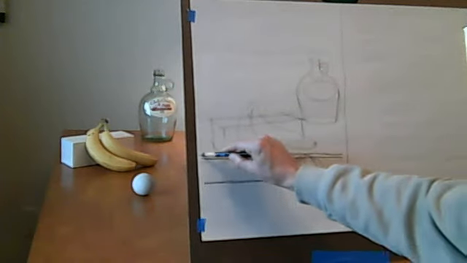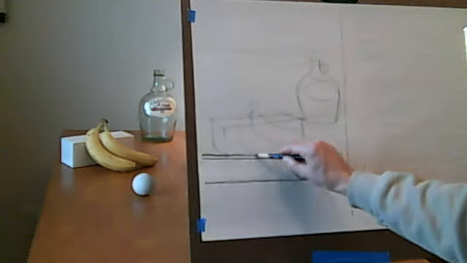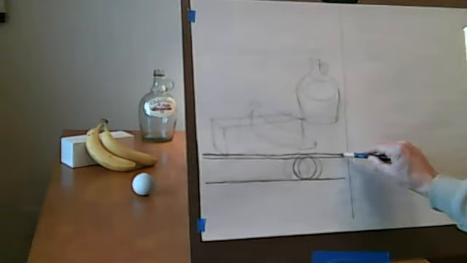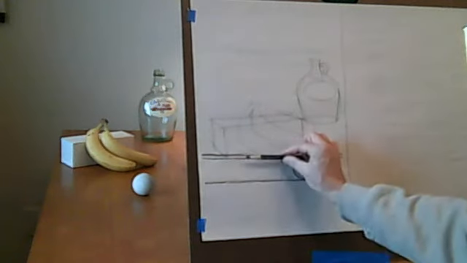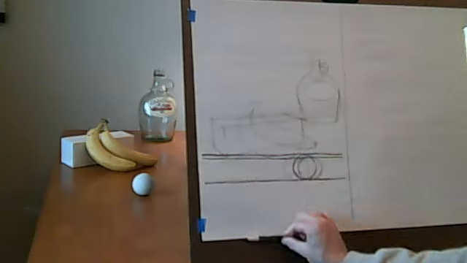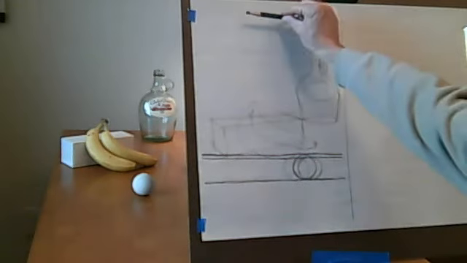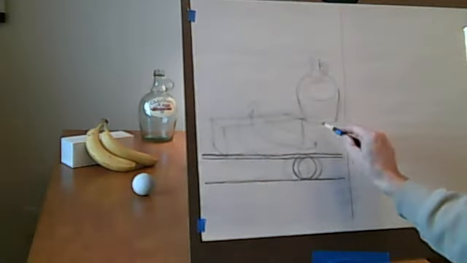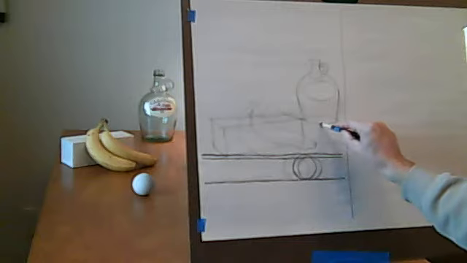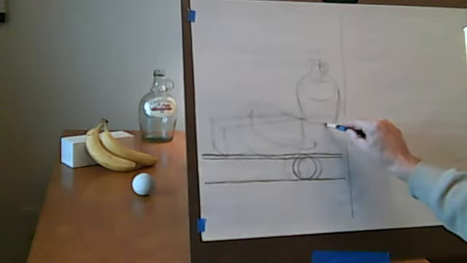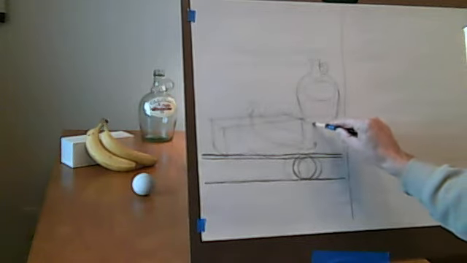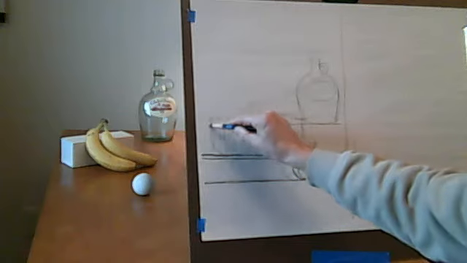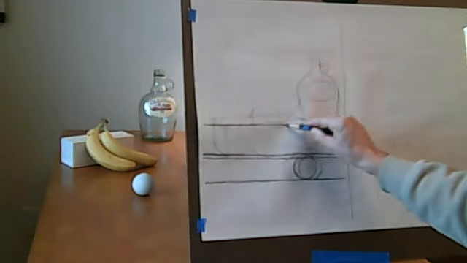I'm again attempting to freehand these and to keep them level and parallel. Parallel to each other, parallel to the bottom and top edges of the page. And of course, here's a baseline for the jug, starting right about here. Let's put that one in. And now it's very easy to see.